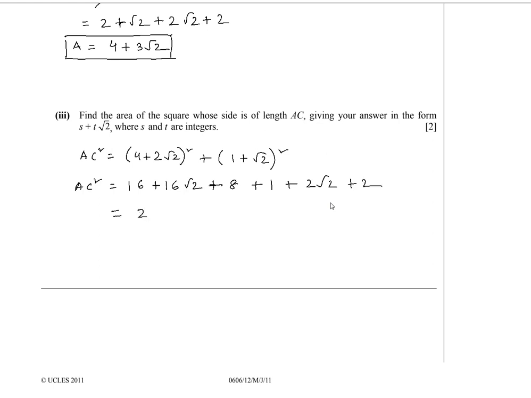So in the next line, after doing some addition, we can write 27 plus 18 root 2. So the area of the square of side AC is 27 plus 18 root 2. So question 4 is done. Now let's go to question 5 on the next page and try to solve it.